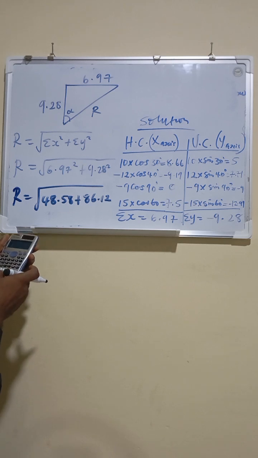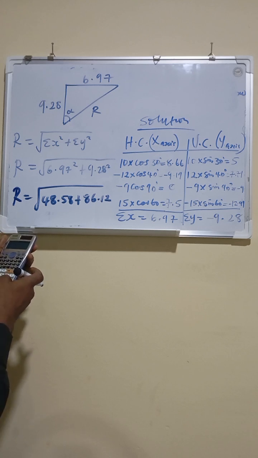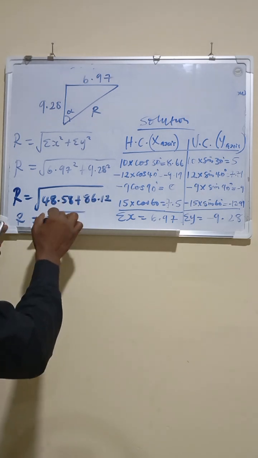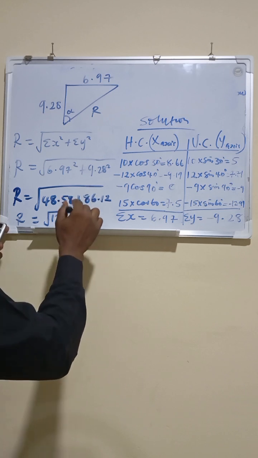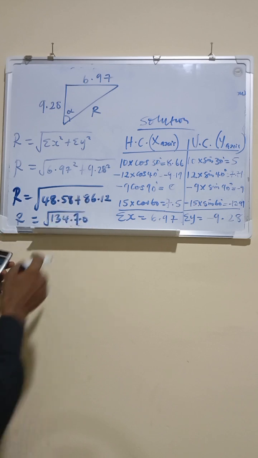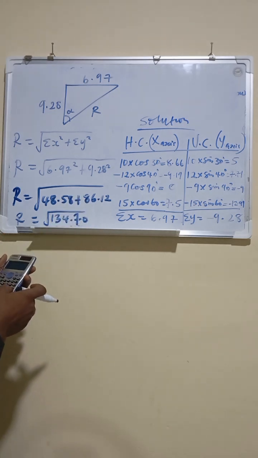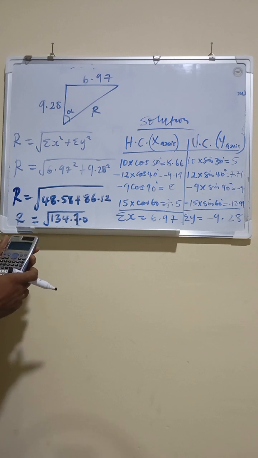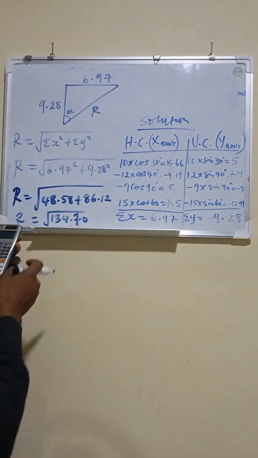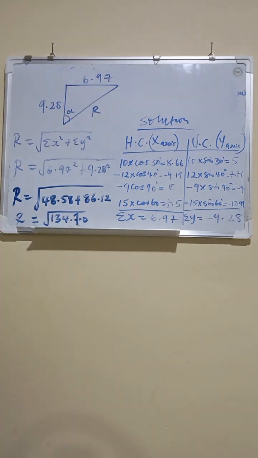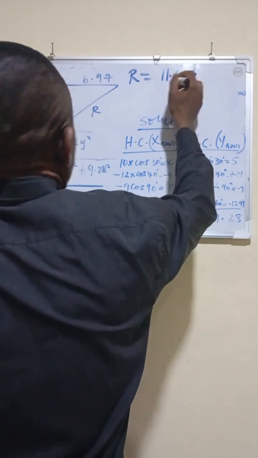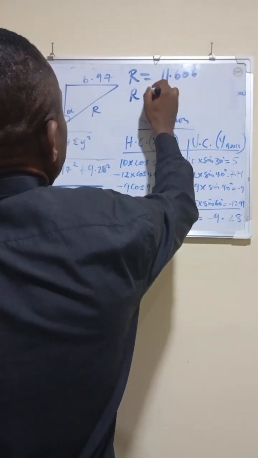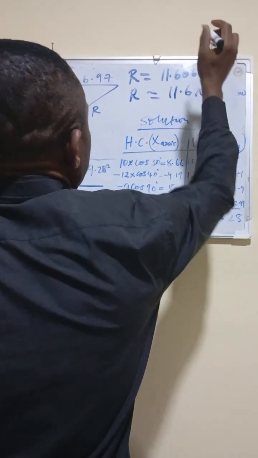When I add them together, I have R equals the square root of 134.70, which gives me 11.6. So R is approximately 11.6 Newton.